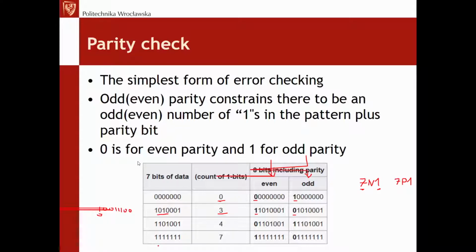If we have an even number of errors, so if, for example, 0 is changed to 1 and 1 is changed to 0, then we are not able to detect it. But if three bits are false, then we will get information that something is wrong. So it is possible to detect an odd number of errors with parity checking.